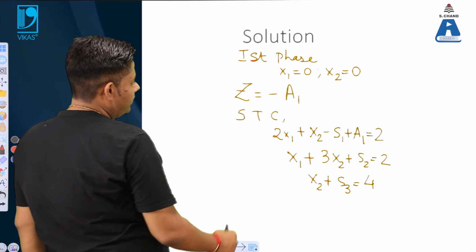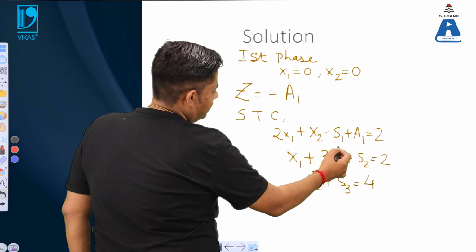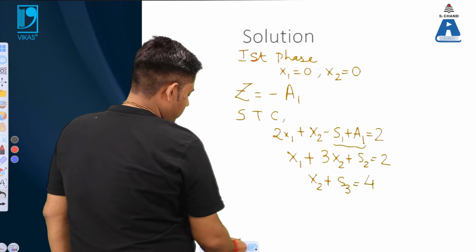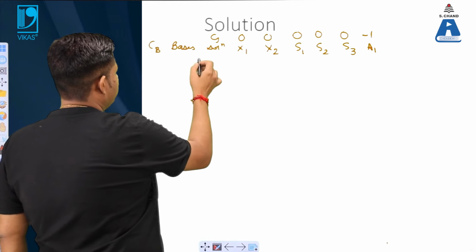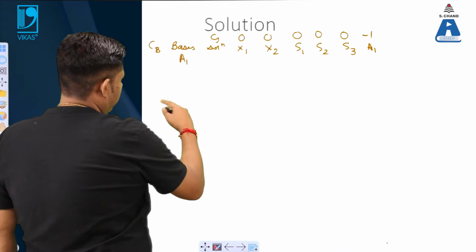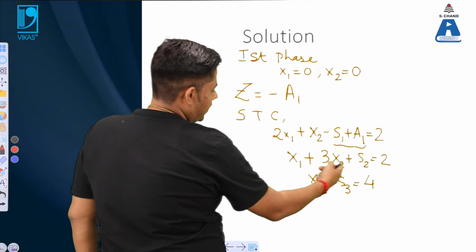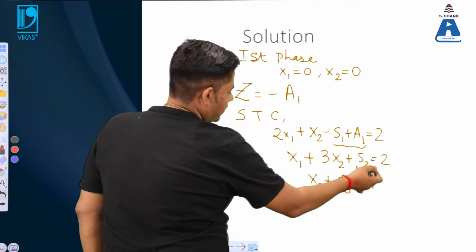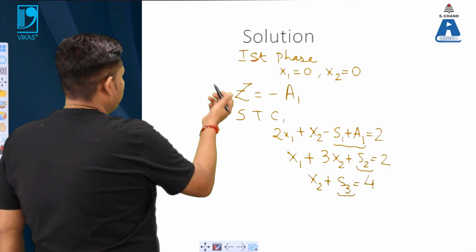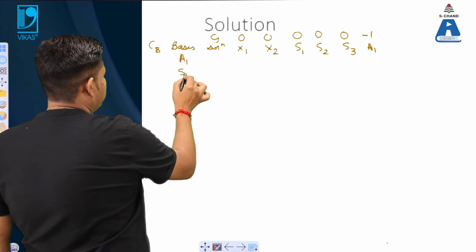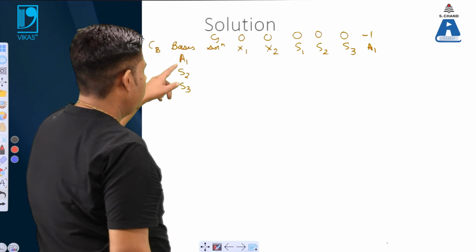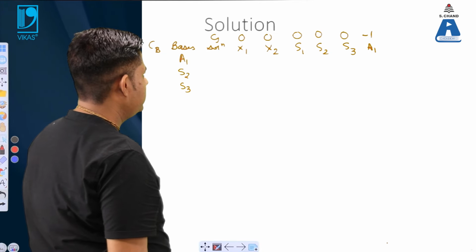So in terms of the bases, in the first case I have to choose from surplus and artificial. So from surplus and artificial I have to choose this artificial variable, which is a1. So I have to write a1. Then in the next case I have to choose this s2 because this is the only variable associated. In the third I have to choose s3. So I have written these terms like this.